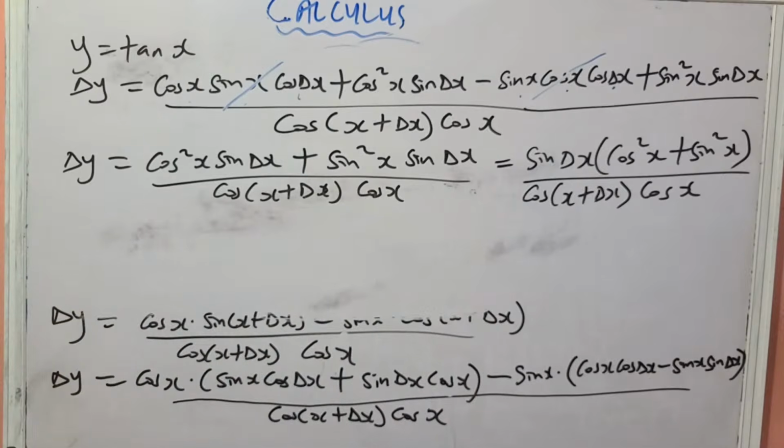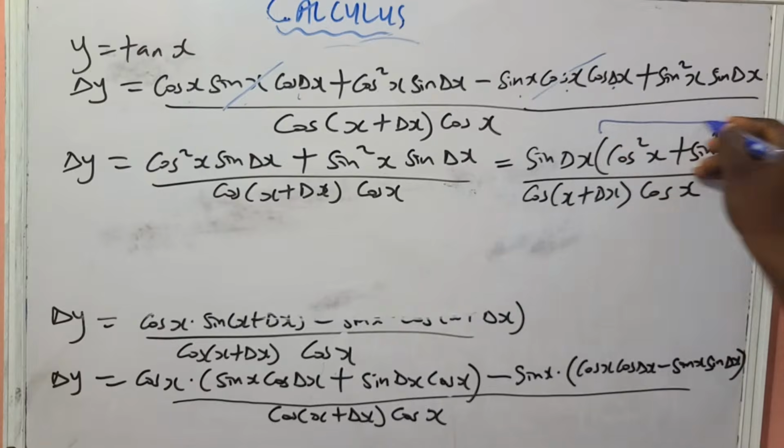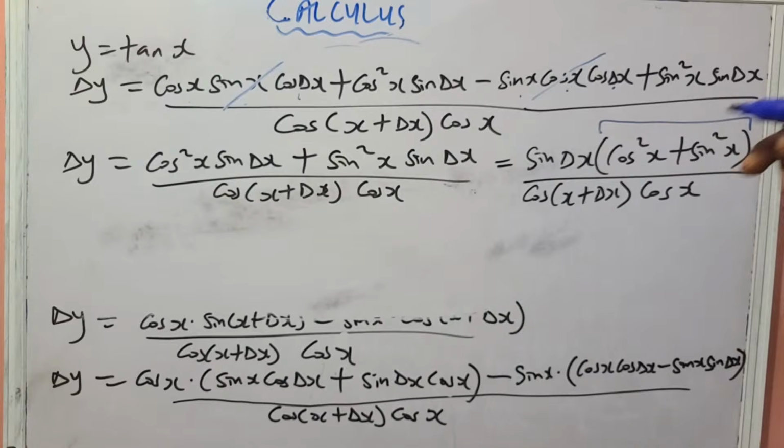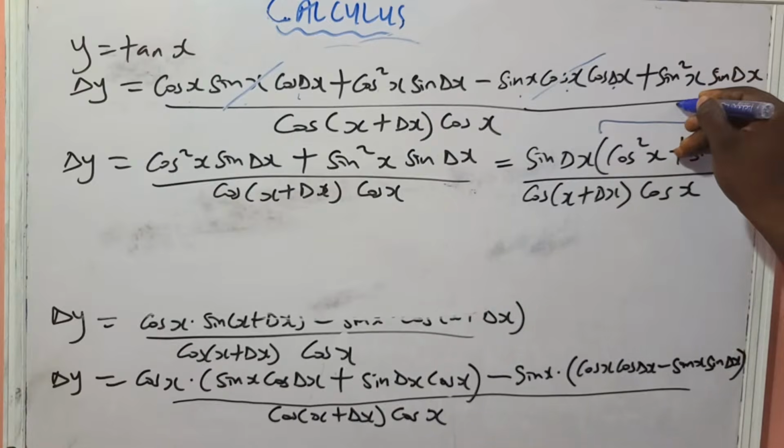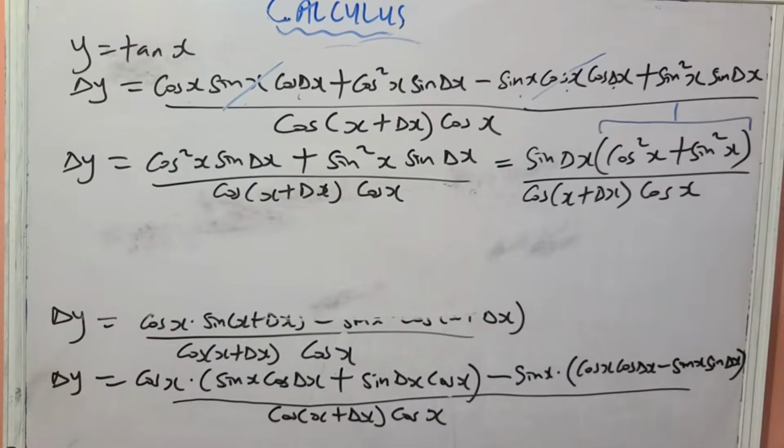Now, again, once you have issues with trigonometry identities, there are going to be serious issues in your calculus. I'm sure you guys can see what's going on here. This is a trig identity, and this will be equals to something. If you remember it, you can type it in the chat box. This will be equals to 1. All right.